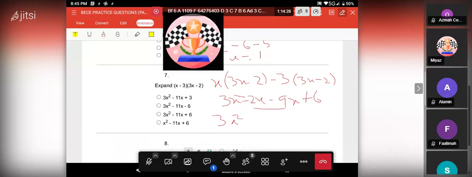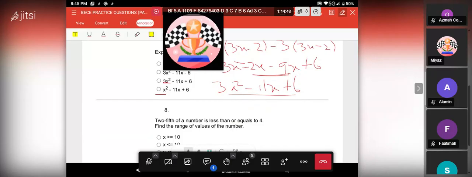Yes, these two are like terms. We can add them together, that is minus 11x plus 6. That is the third option. Yes.